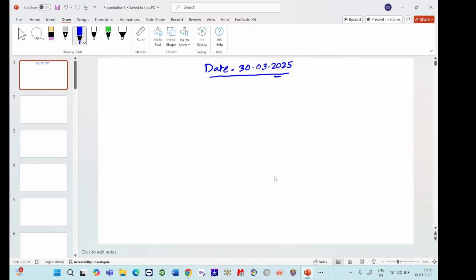Okay, so today is our sixth discussion. We'll try to recap what we have learned in reactions of alkenes, and we'll proceed towards alkynes, and then we'll discuss some of the questions.